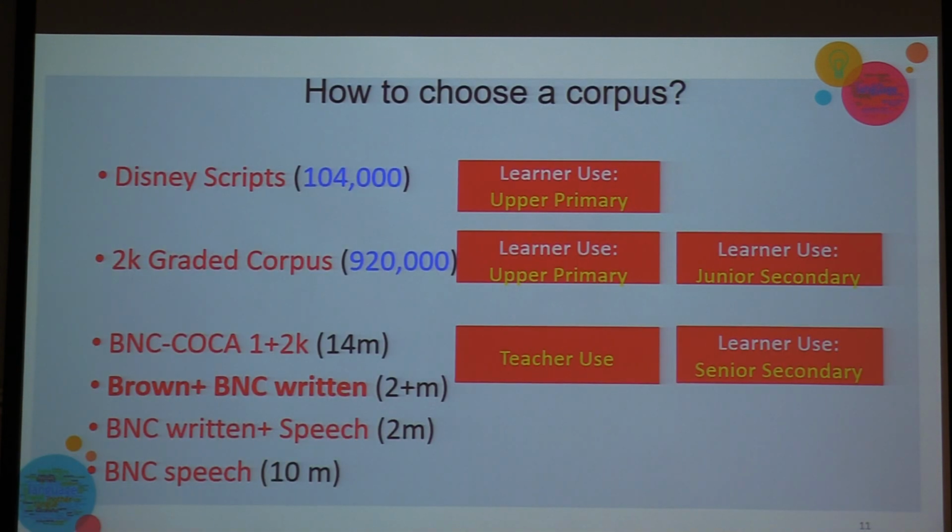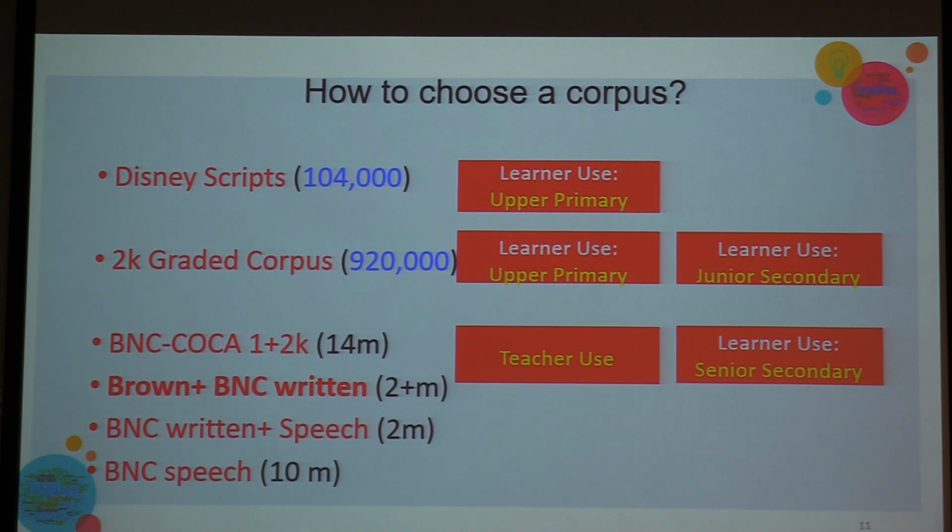We examined most of these corpora, and we made suggestions depending on your students' level. If you are teaching upper primary students, we suggest that you use the Disney scripts. That means this corpus only contains movie scripts for those Disney cartoon movies, so it's easy to understand.